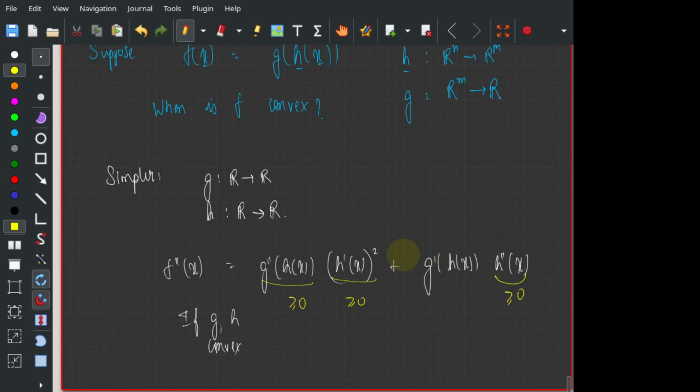Okay. So if you want this to be greater than or equal to 0, then we have to make the additional assumption that g is monotonically increasing, non-decreasing. Sorry? Yes. This quantity is anyway squared, so it's fine.